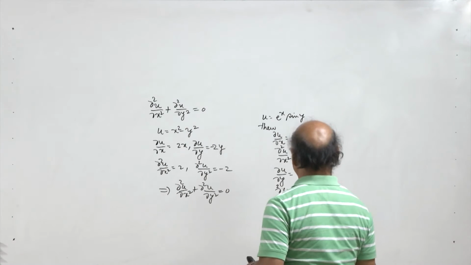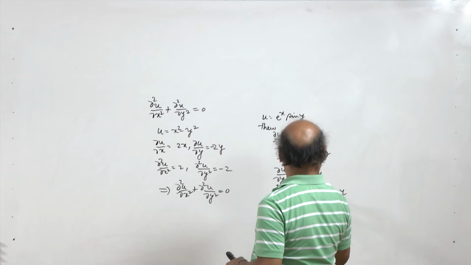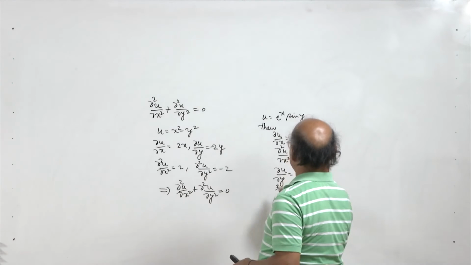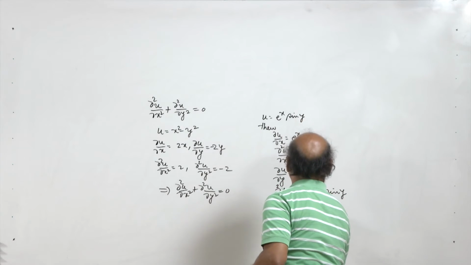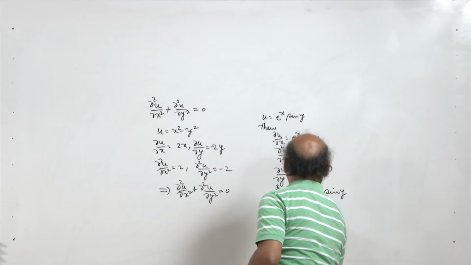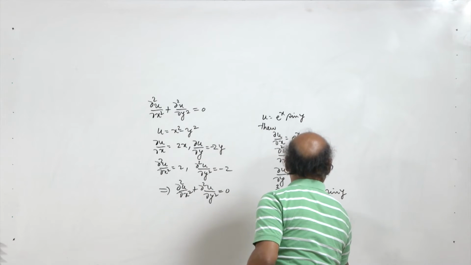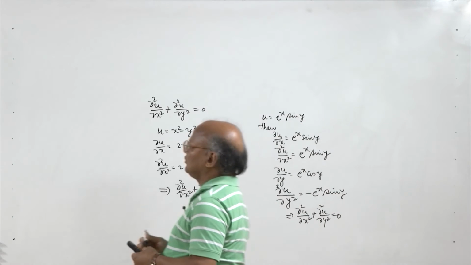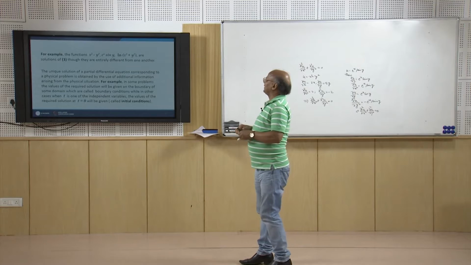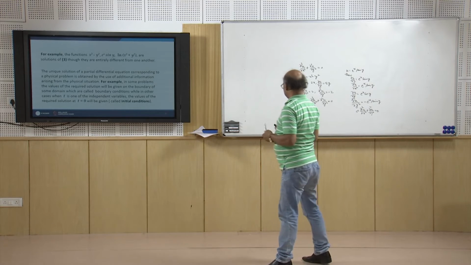So delta square u by delta y square is minus e^x sin y. So, delta square u by delta x square plus delta square u by delta y square is equal to 0. And so, u equal to e to power x sin y is also a solution of this Laplace equation.